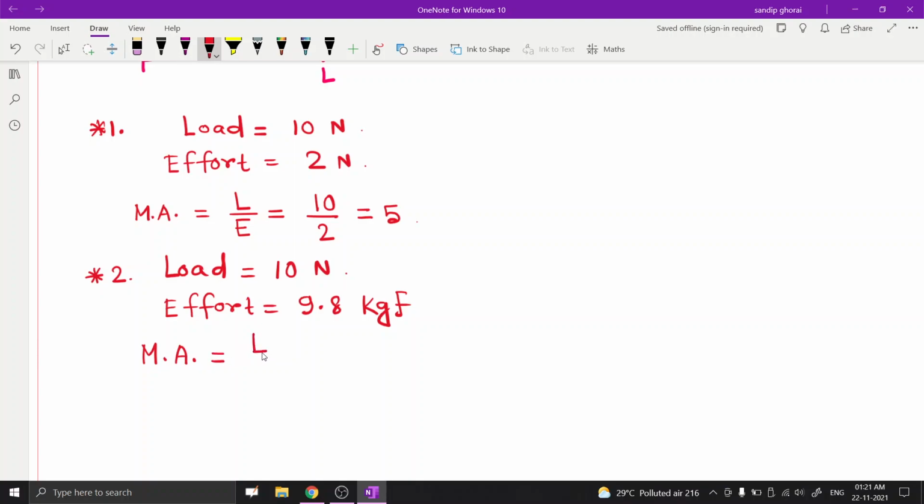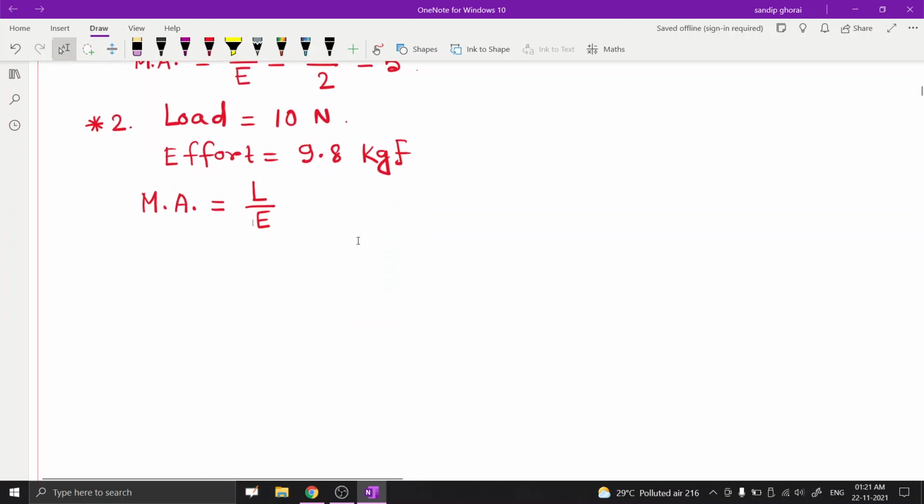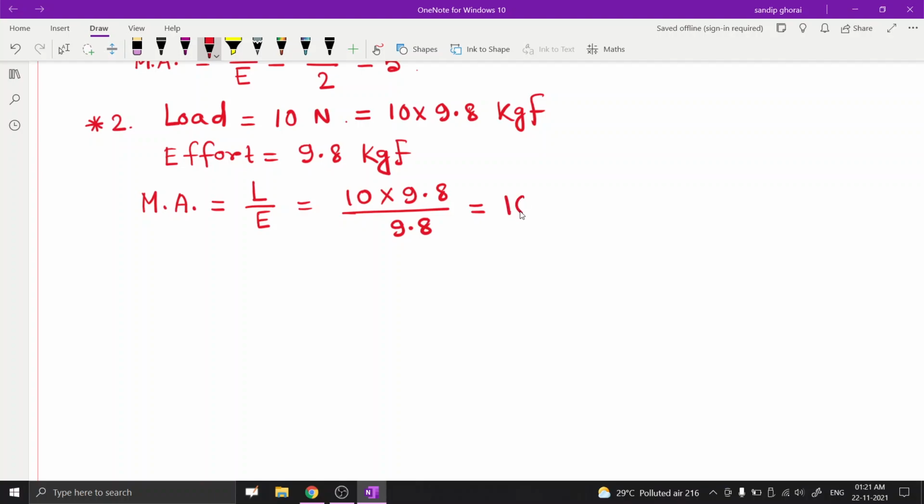Mechanical advantage is load by effort, but here the units of load and effort are different, so we have to change them. We change the load value, 10 Newton, that means 10 into 9.8 kgf. Now placing the values, load is 10 into 9.8 divided by effort 9.8, so the mechanical advantage is 10.